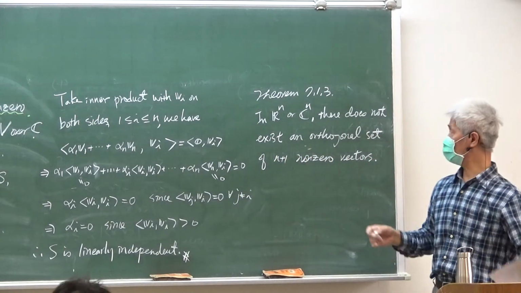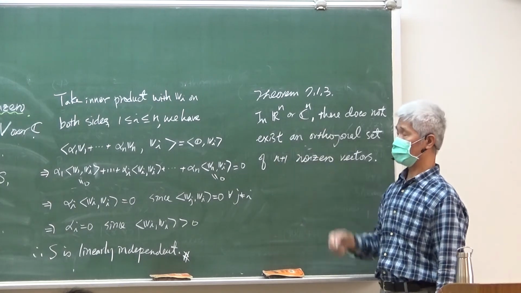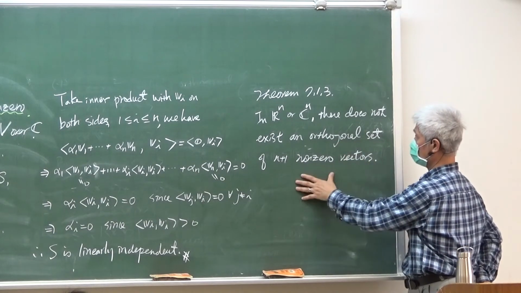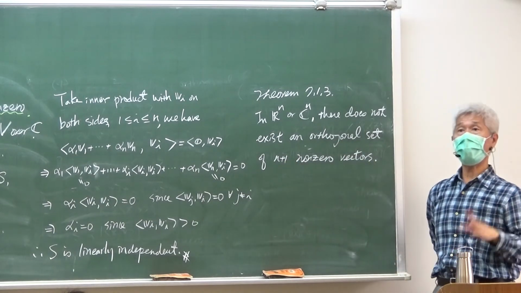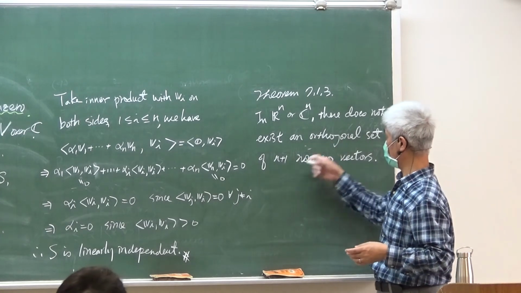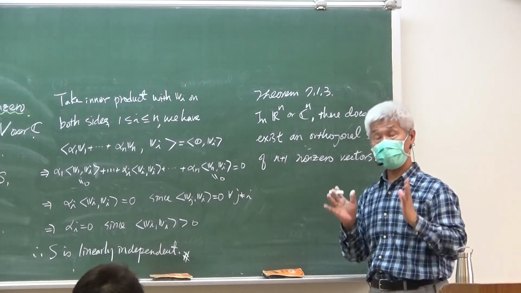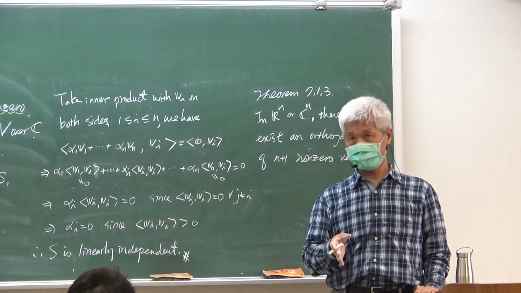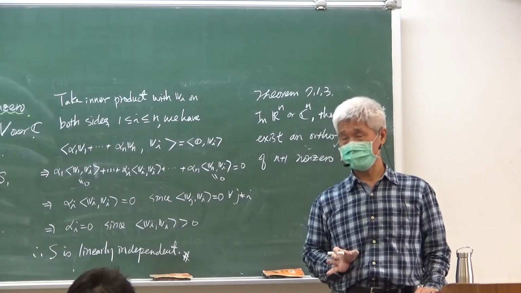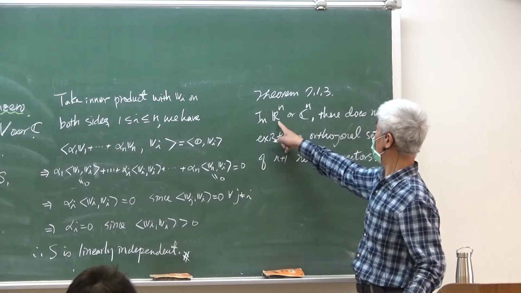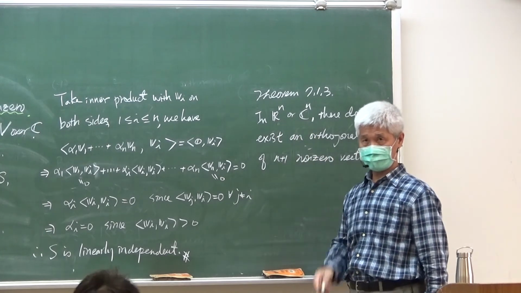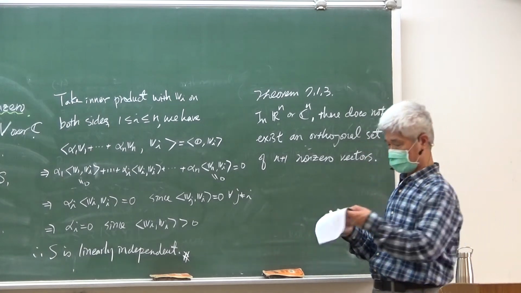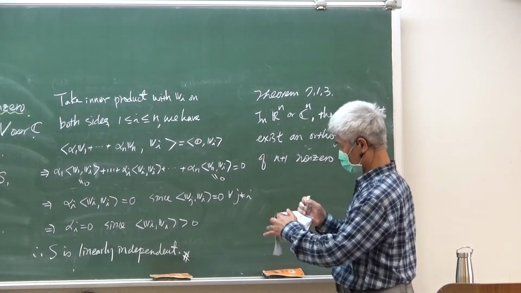So in n-dimensional real Euclidean space or complex Euclidean space, it's impossible to have an orthogonal set of n plus 1 non-zero vectors. Why? Because if we had an orthogonal set of n plus 1 non-zero vectors, then we would have a linearly independent set of size greater than n. That is impossible because the dimension of either R^n or C^n is n. So we have such a simple conclusion.